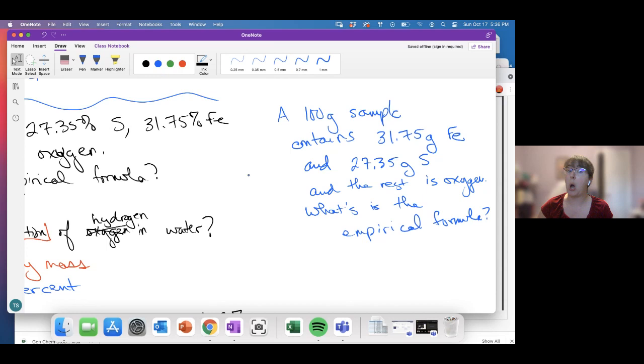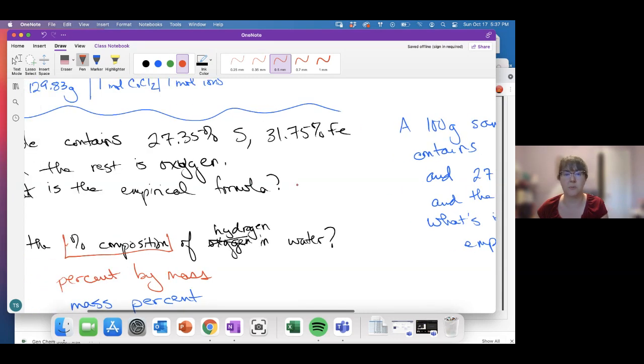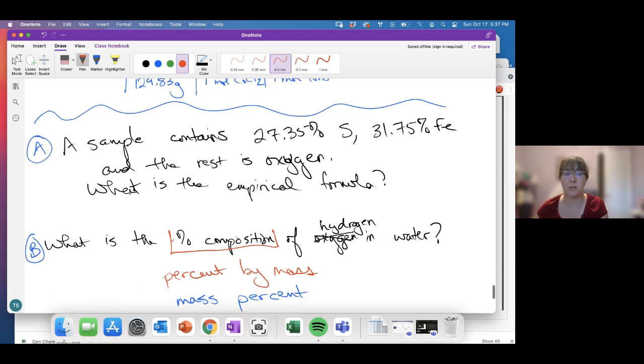The one I have is not straightforward enough to name. But if there were only 2 elements and it was an ionic compound, it's possible they could ask you to name the compound instead of the empirical formula. But the one I have set up will not work for that. It is too complicated. It works fine for empirical formula, but it would not work well for naming.